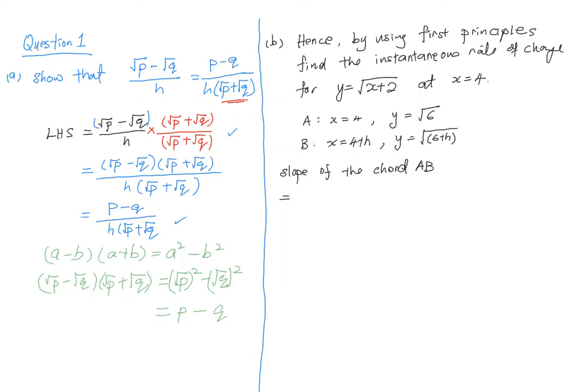Okay, so we got that. So now we find the slope of a chord. Yeah, y2 minus y1 divided by x2 minus x1, we know is h.